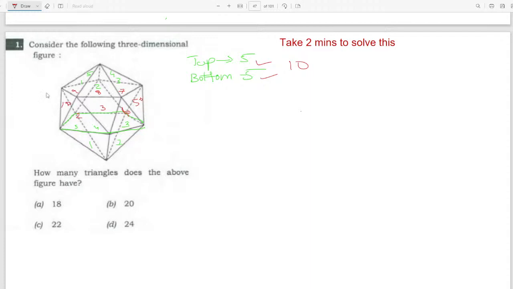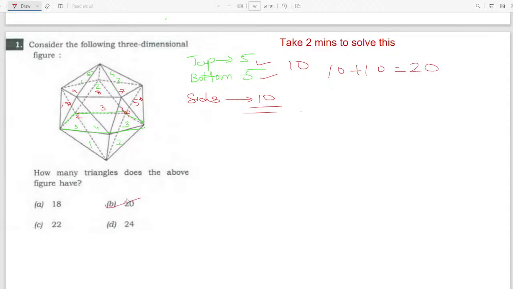There are 10 triangles in the sides. So totally there are 10 plus 10, 20 triangles: 5 on the top, 5 in the bottom, and 10 in the sides.